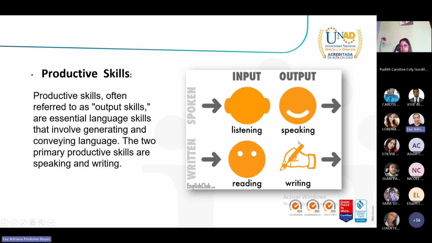And when we are speaking, that's the output because we are producing information. The same with reading: we are receiving information, this is the input, and writing, we are giving information. That's the output.